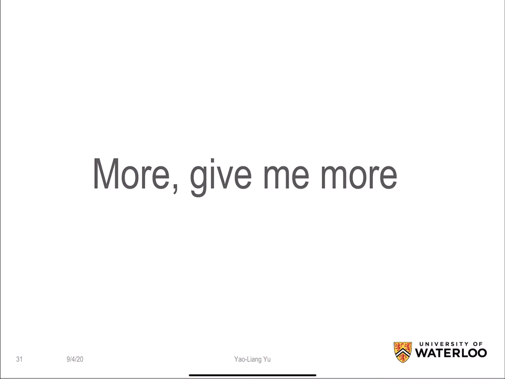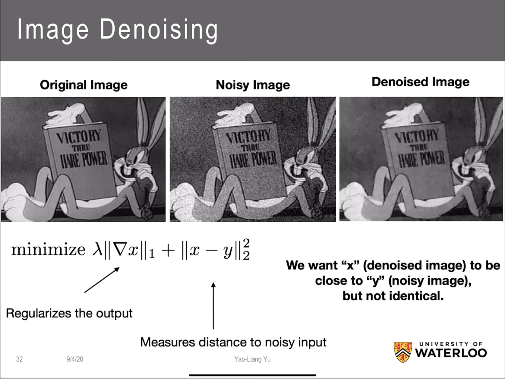So those are the two examples I wanted to give you details on, and I'm going to quickly go over some other examples. This is another one where you're given an input image. This is the original image, and then maybe what you get is a noisy one. It's not the ground truth image, and based on the noisy image, maybe you want to recover the original image.